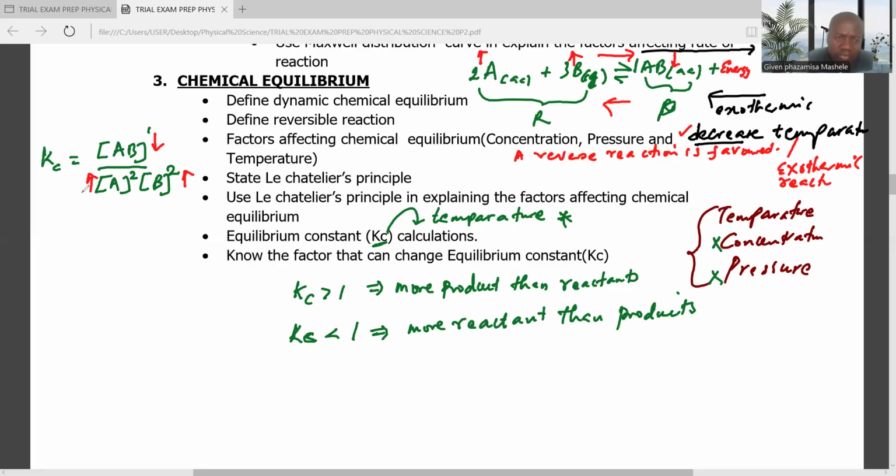Mathematically, anything in the denominator has an inverse relationship. So if there's an increase in the reactants, the product side has to decrease.